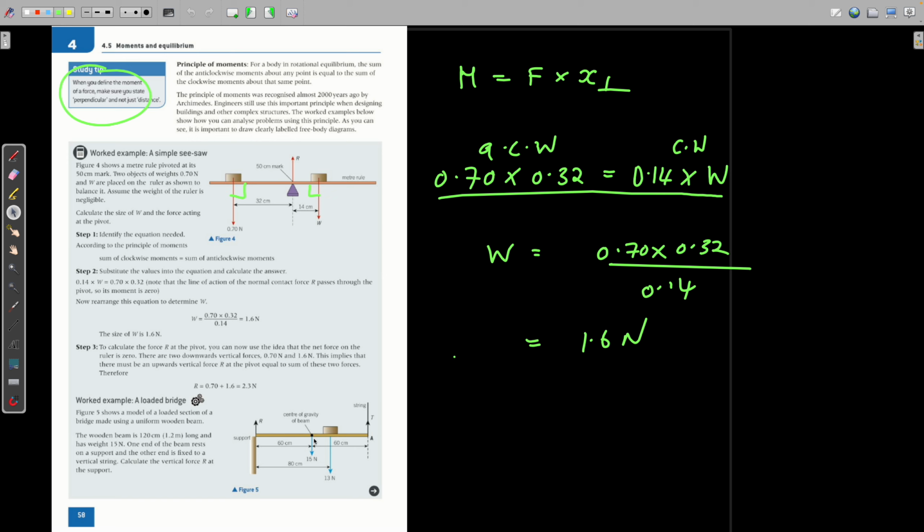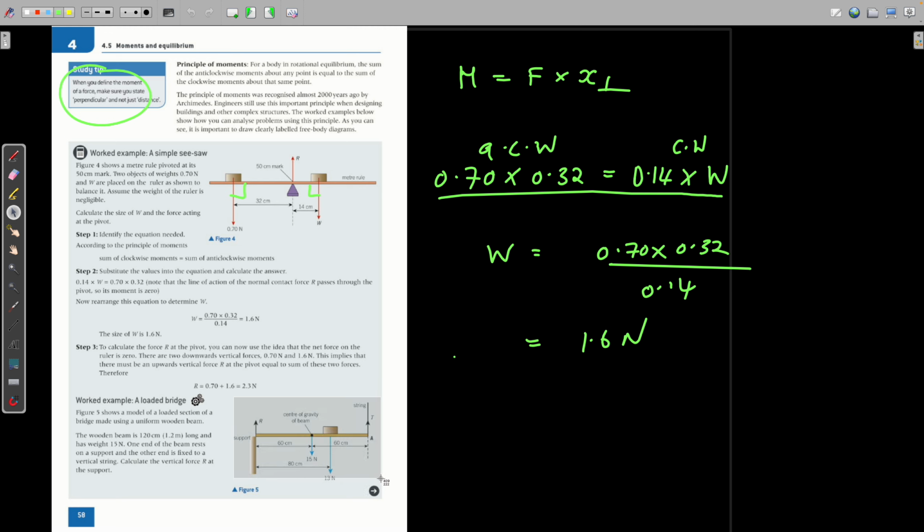So there's 15 newtons there. One end rests on a support, so the reaction force is there, and the other end is attached to a vertical string. So there's a tension here holding the uniform beam up on this side. And then we've got this extra weight here. Before we go further with the question, I'm just going to discuss a few things.